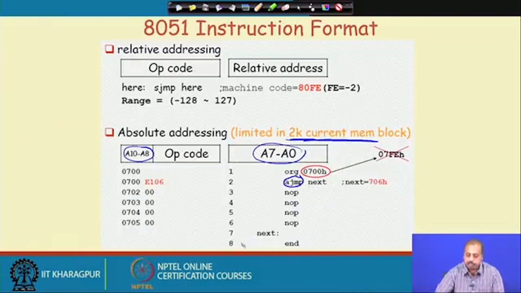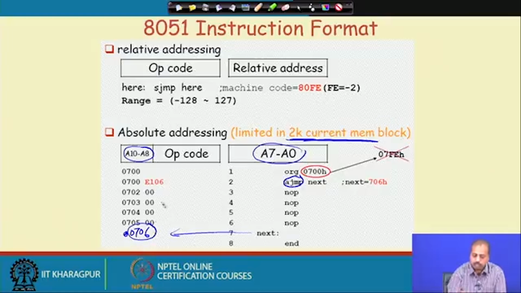So, this next value is 07, and this instruction ends at 0705. The next instruction is at address 0706. This is the code that we have for AJMP.